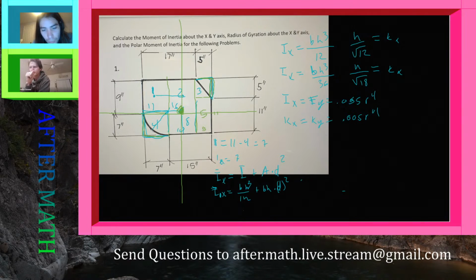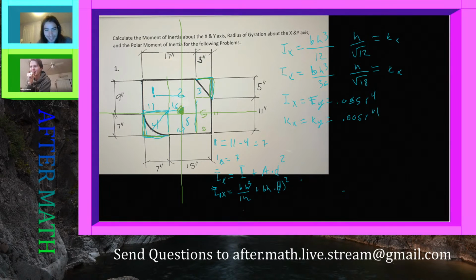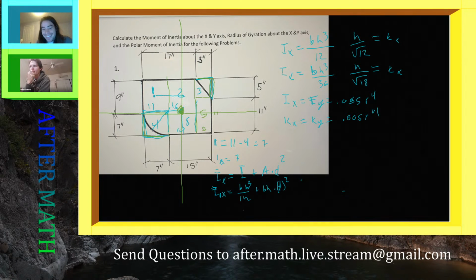So Jaden, we're going to have to go ahead and do this for every single one of these different rectangles and triangles and whatnot that we have. And then from there, we're going to go ahead and sum them together.